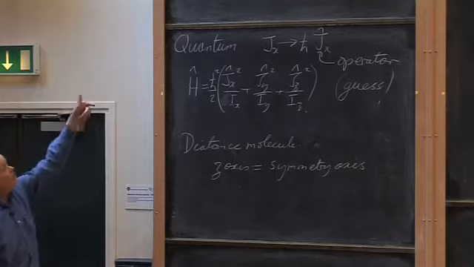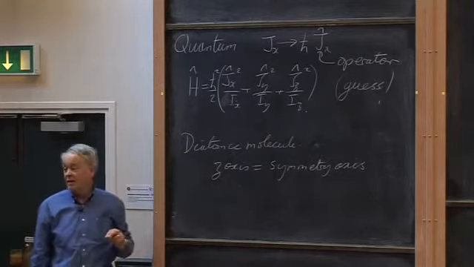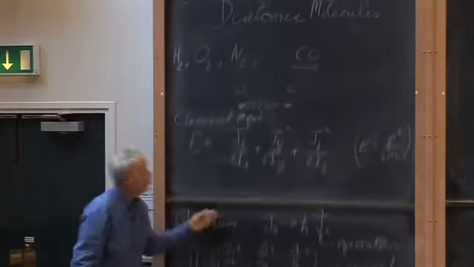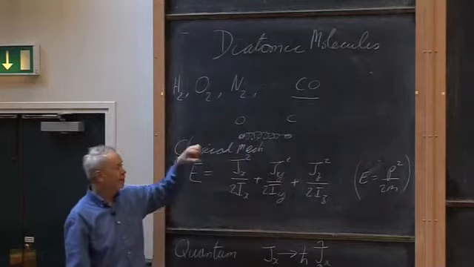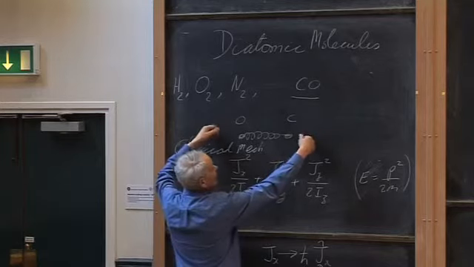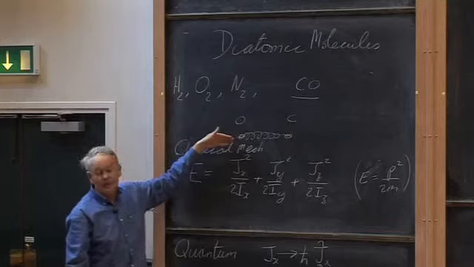Then the moment of inertia around that axis is negligible, because all the mass in this molecule is almost entirely contained in these nuclei, which are very close to being point particles. And if you rotate it around this axis, those nuclei provide very little moment of inertia.